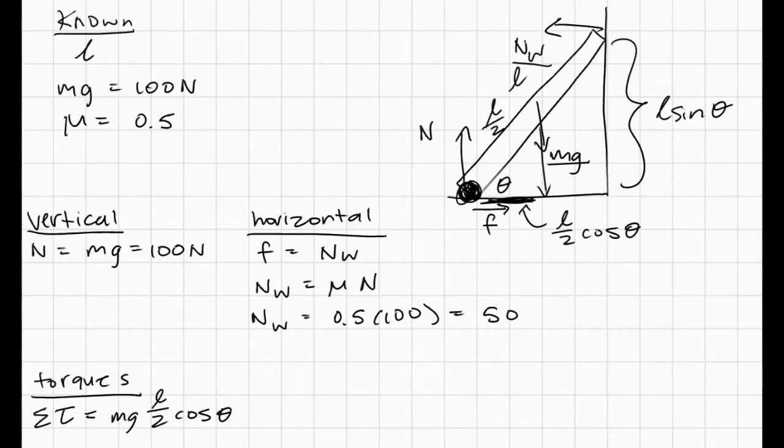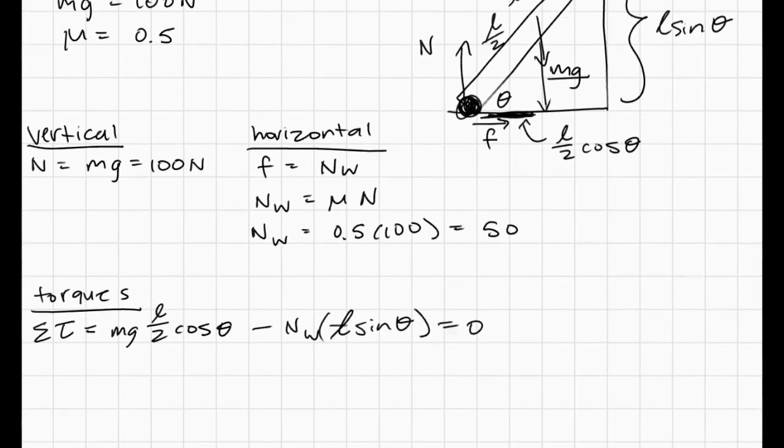And since it's going to the left, it's a negative force, so we have minus the normal force of the wall times L sine theta. And since we want the ladder to be in equilibrium, this will equal 0.